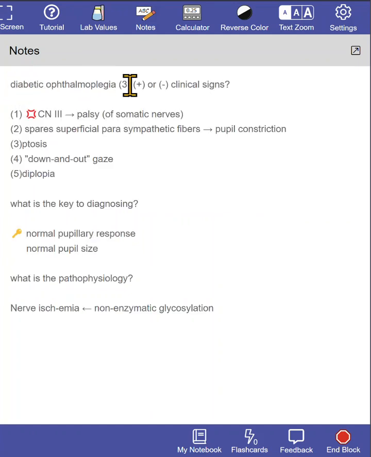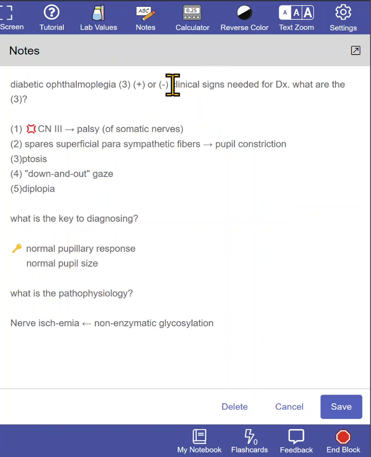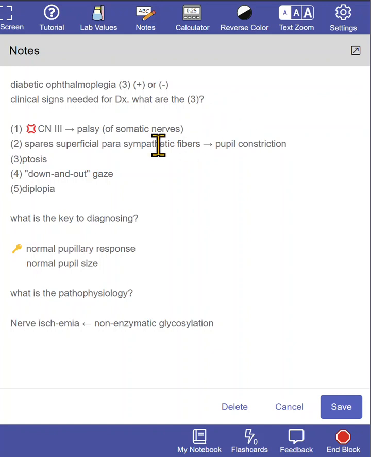Diabetic ophthalmoplegia. There's 3 plus or minus clinical signs that you need for diagnosis. What are they? There's cranial nerve 3 palsy, basically.